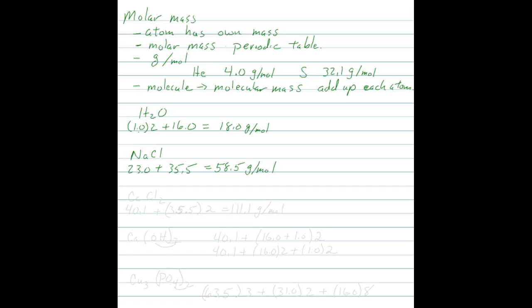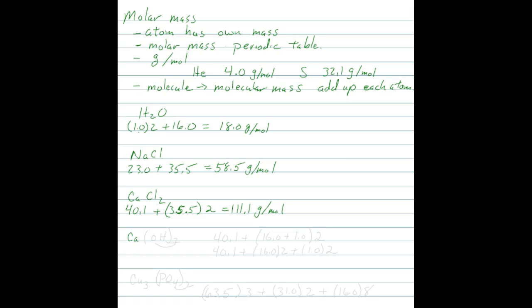Now if you have something like calcium chloride, calcium is 40.1 plus 35.5 times 2. So that's 70, so that's 71. That's 111.1 grams per mole.